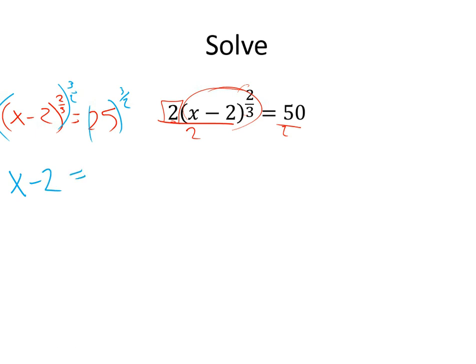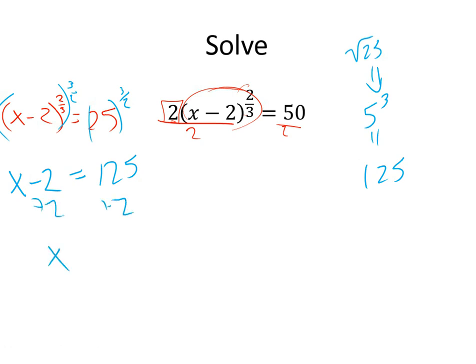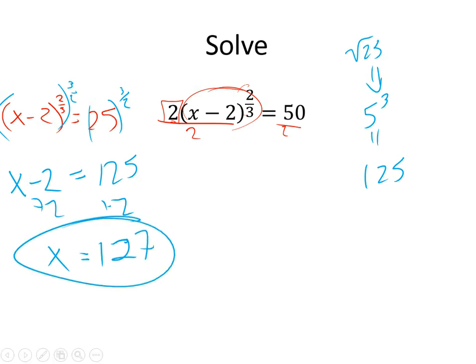And now we would take 25 to the 3/2, which would be the square root of 25, which is 5, and then we would cube it, which gets us 125. So this is equal to 125. And now you would add 2, which means x is equal to 127. So x is equal to 127, and that would be our solution.